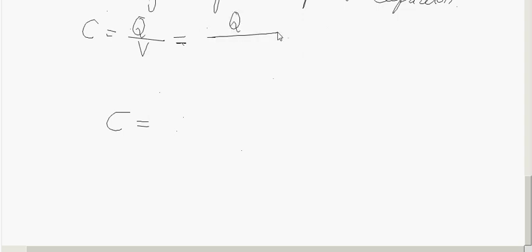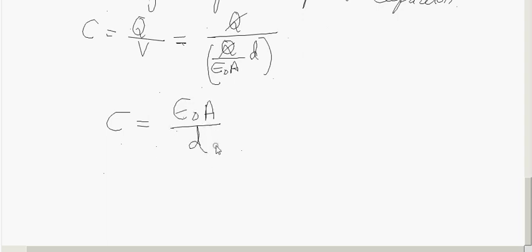We got V as Q d divided by epsilon naught A. Q will get cancelled. So C will become equal to epsilon naught A by d. This is the capacitance of the parallel plate capacitor.